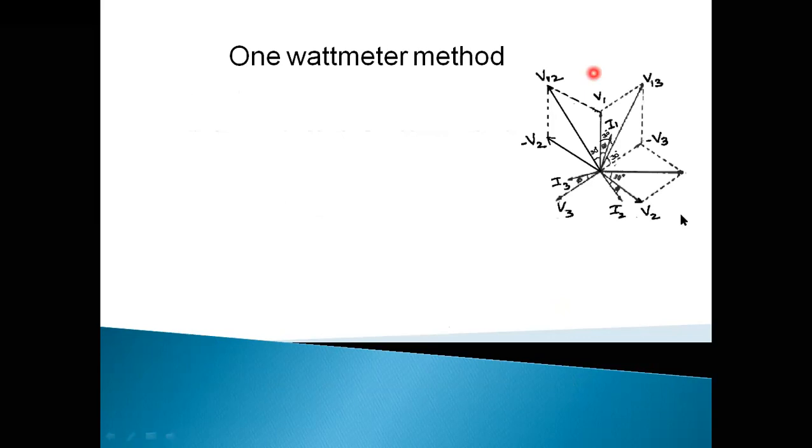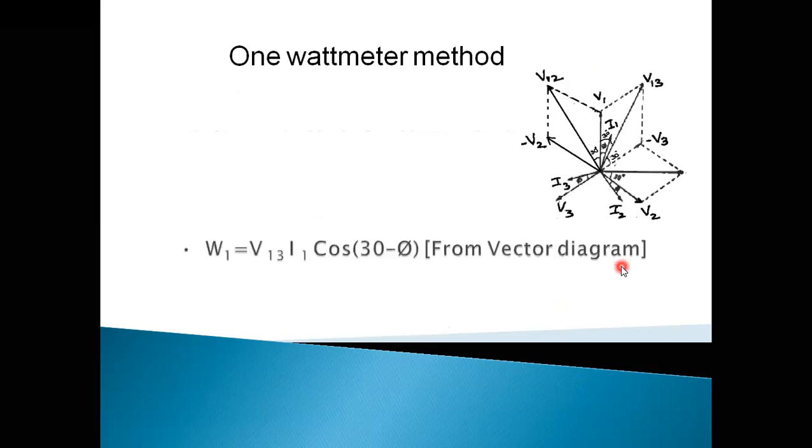This is the vector diagram we have already seen. So V13, I1, cos of the angle between V13 and I1, which is 30 minus 5.